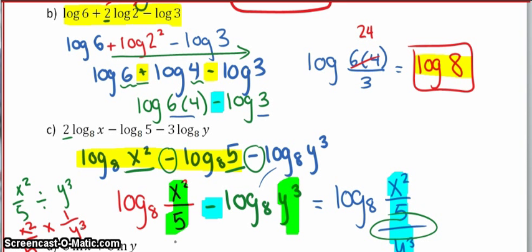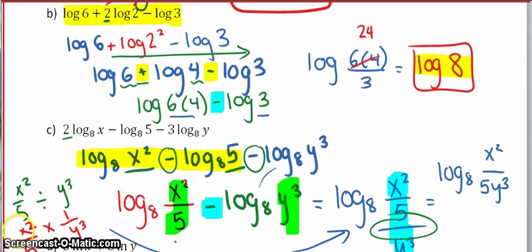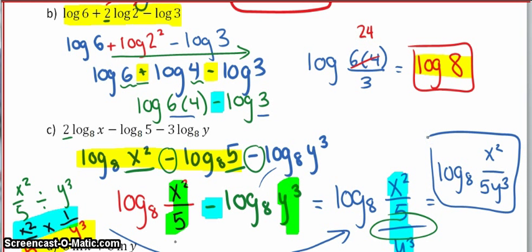Okay, and if you rewrite that, actually I'm kind of running out of room, so I'm just going to come back to my log problem over here. And you can really rewrite that as log base 8 of x squared over 5y to the third. Remember, a little fraction review. When you multiply fractions, you multiply across the top and you multiply across the bottom. So that's where I got that from. Okay, and that is as simplified or condensed as that log can get. Okay, there's no simplifying you can do. If there was, you should do that.